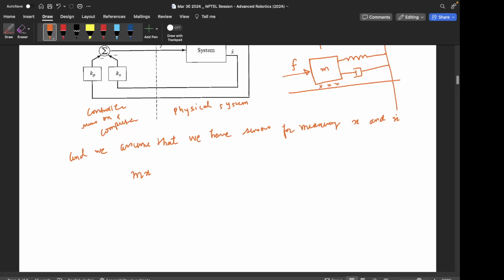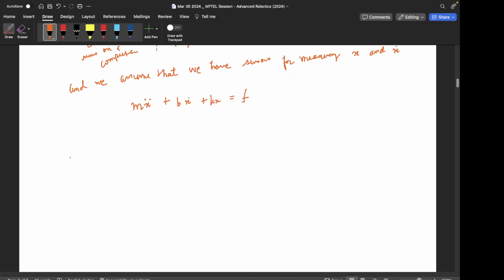Now this second order system that we have, what's the goal? Let's state the goal. So the goal is to decide what should be F, right?